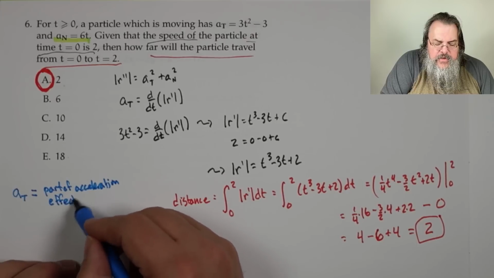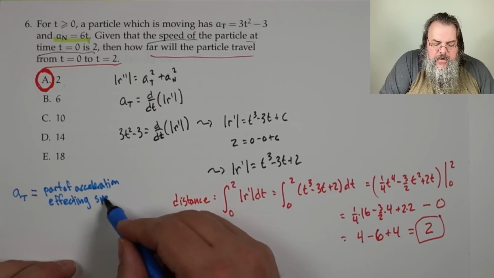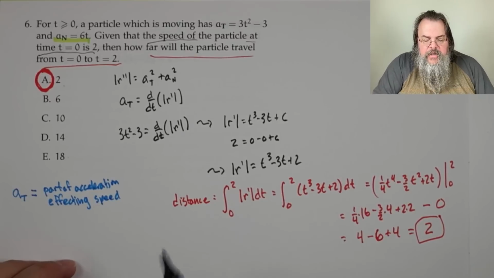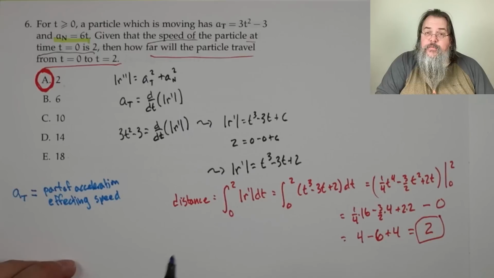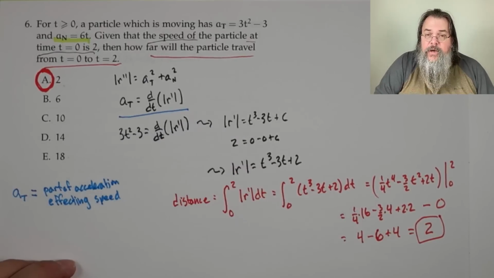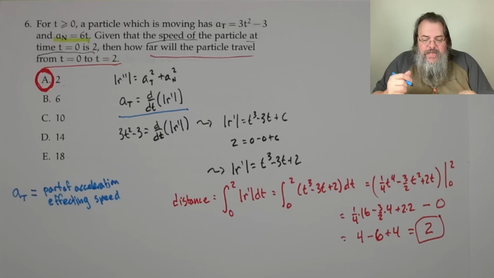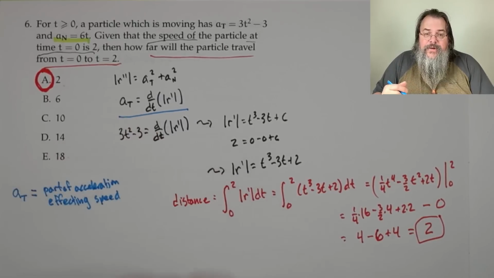And I do apologize, I don't know if it's an A or an E for effect. I've never been able to figure that out. But the a sub t, that's the part of acceleration that affects speed. And that's shown in this equation. It says, hey, if I want to understand how acceleration is changing speed, well, that's the a sub t. It's the derivative of speed.